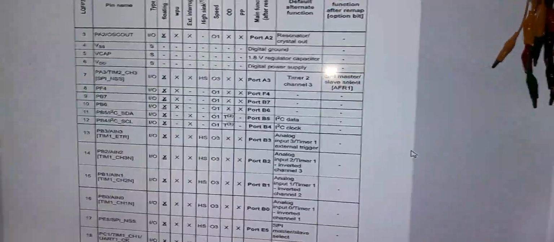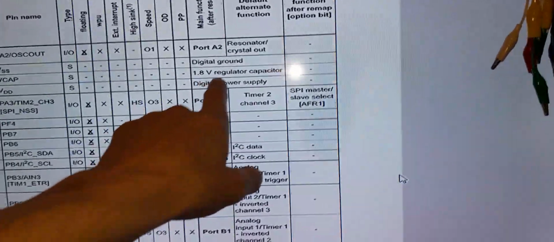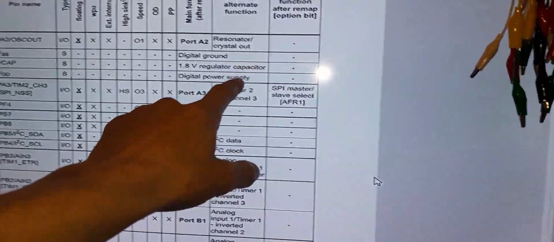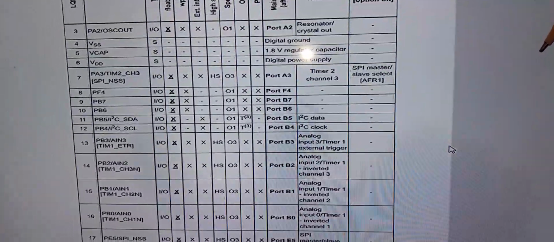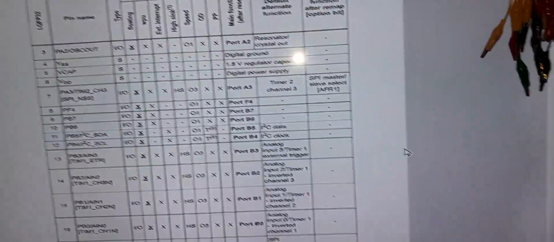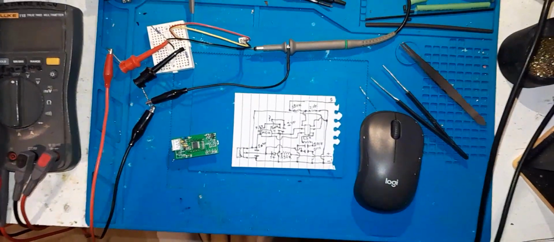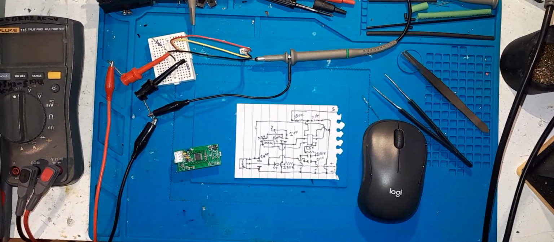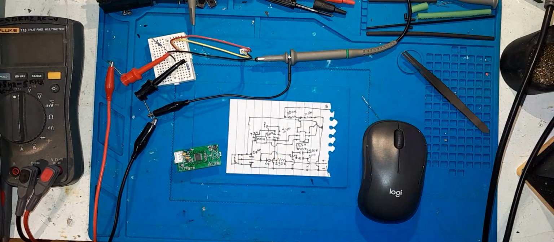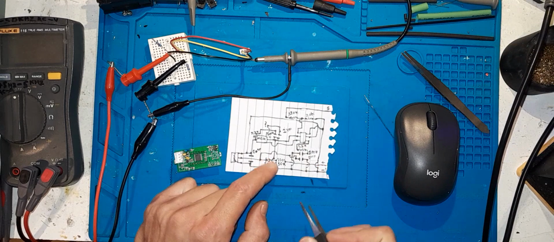So just before we get to the calculation bit, I've just found that VCAP is for the chip's internal 1.8 volt regulator. It's the capacitor for that. So I imagine that might be for its ADC or something. I'm not too sure. Having a look in the schematic for the board, I don't recall that any of that went to what I thought was an op amp.